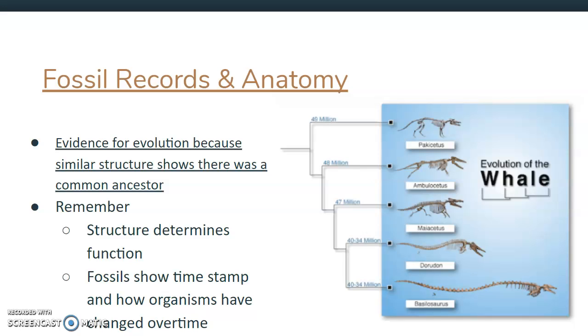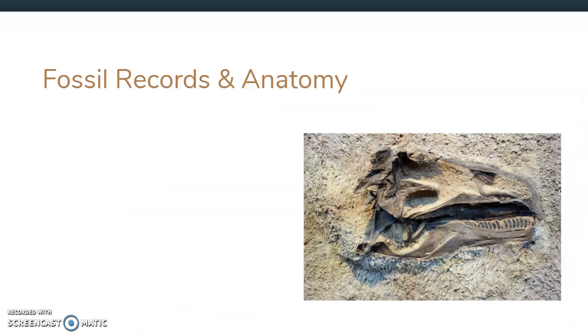So it's super important that we understand the way we can use fossils and dating of the rock around them to determine what was around at that time and how things have changed.